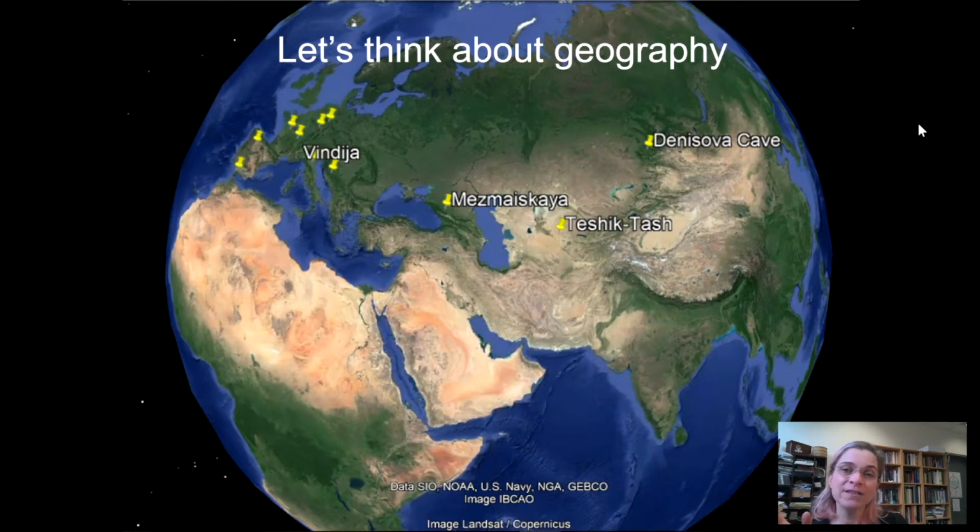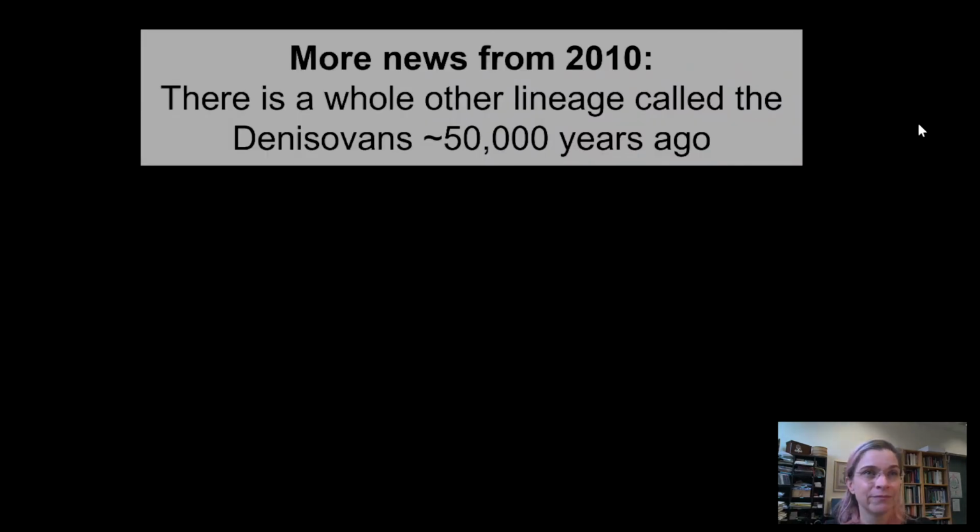Now, I want us to take a look at some fossil remains that were recovered from a cave way over near Kazakhstan and Mongolia. Denisova Cave, way over to the right. So 2010 was kind of a wild year in ancient DNA studies.